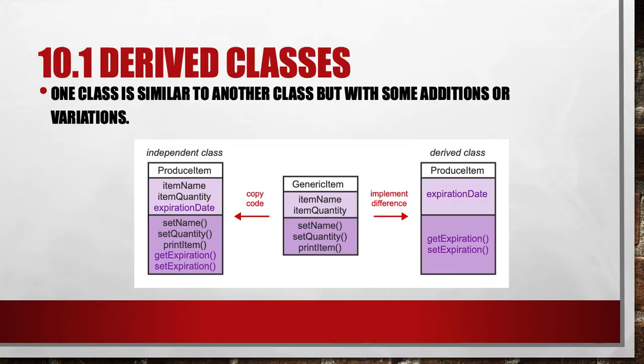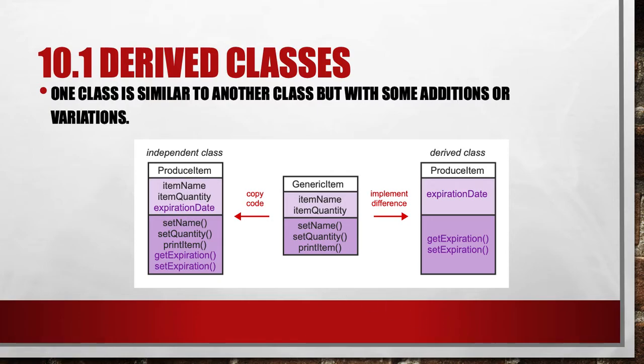In 10.1, we have derived classes. Commonly, one class is similar to another class, but with some addition. For example, a store inventory system might use a generic class that has item name and item quantity.